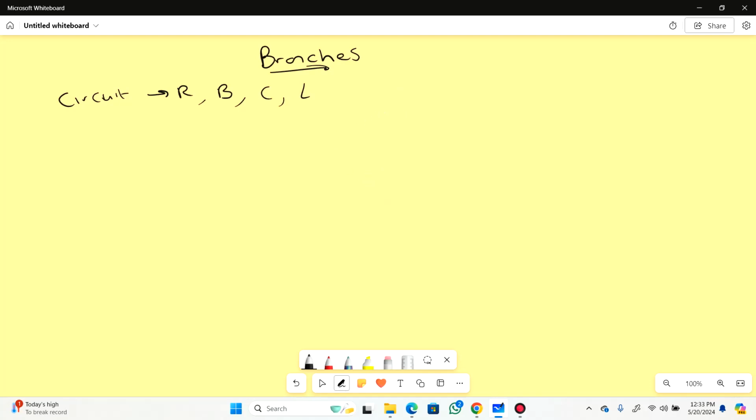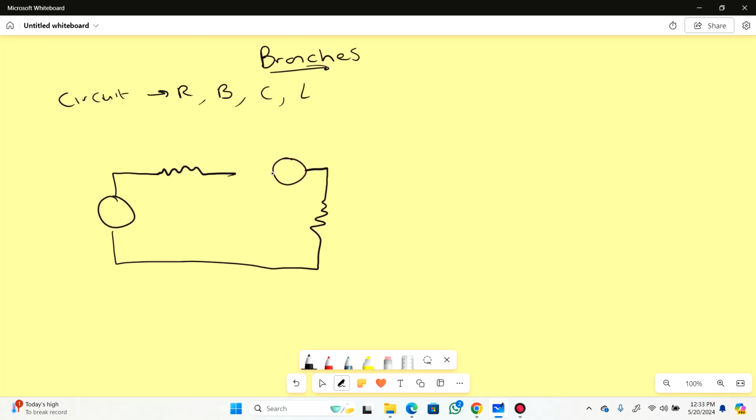And then moving on to loops. A closed path that begins and ends at the same node is called a loop. What I mean is, if we have a circuit, let's say you have a resistor there, then a voltage source, and another resistance there.